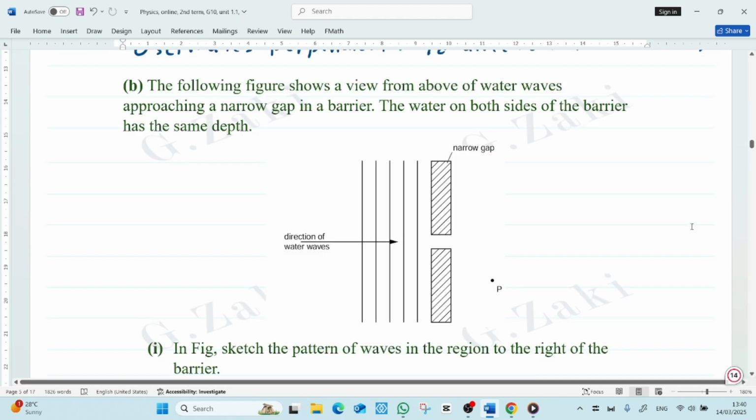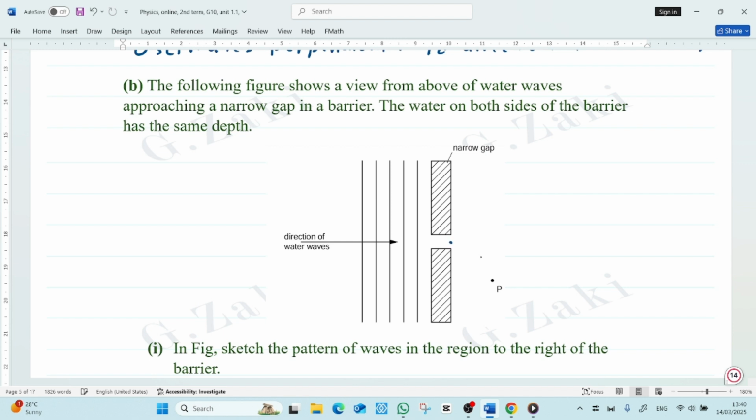In the figure, sketch the pattern of waves in the region to the right of the barrier. Now, we put here the center of the gap, use the compass and draw circles with that center. All the circles have the same center, and the distance is the same as in front.